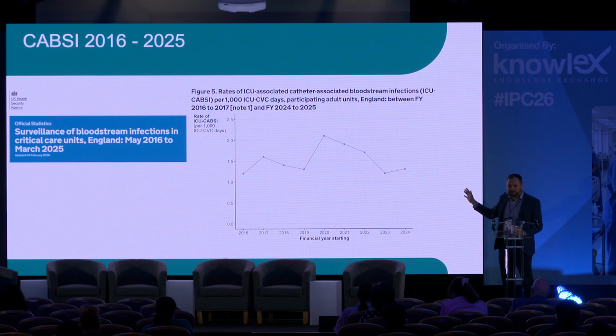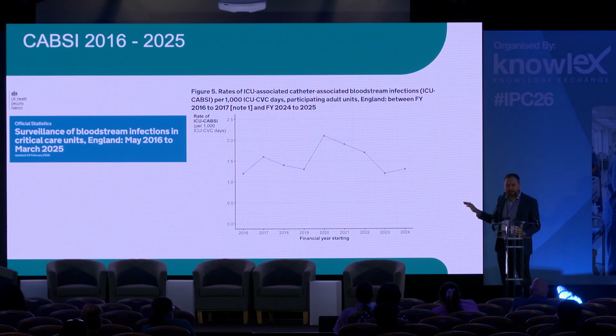Then there's a big spike, which corresponds with COVID-19. After COVID, the CVC infection rates start to come back down to where they were pre-COVID. This is fairly consistent with what was shown in other countries such as the US as well.